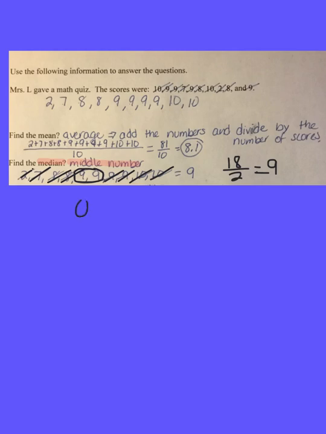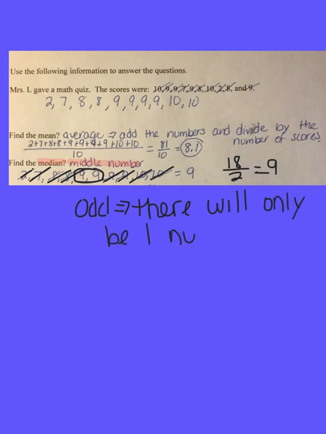If it's an odd data set, there will only be one number. So when there's an even data set, I take those two middle numbers, I add them together, and then I divide by 2.